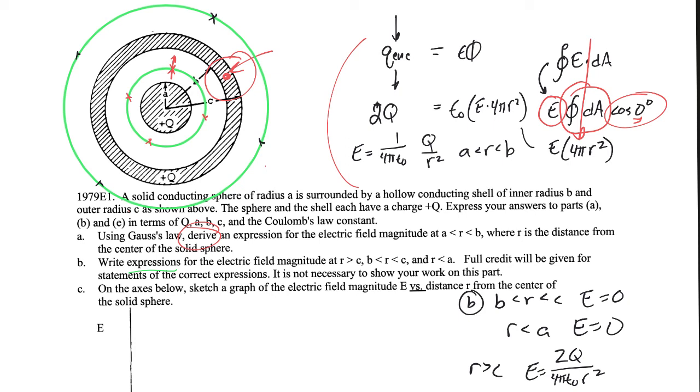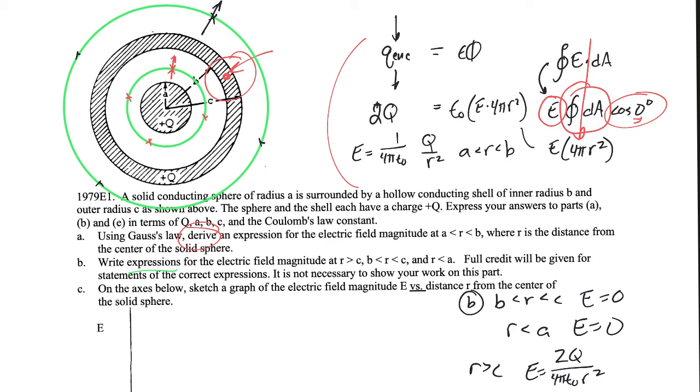Is the electric field in that direction? I think so. It seems reasonable. Is the area also in that direction? Yes, it is. It has to be because it's a sphere. So cosine of 0 degrees. What's the area of this sphere? 4 pi r squared, where r is greater than c. It's going to have to give me that. We okay to move on? Because now's when it gets interesting.